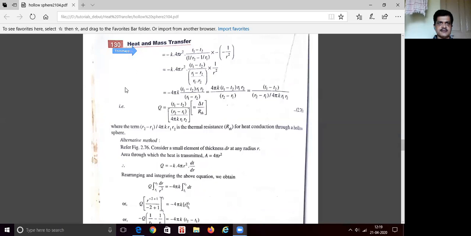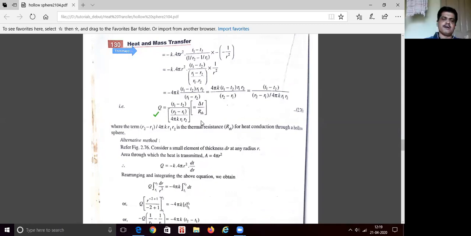And this is what I told you, and this is a very, very important equation. Q is equal to T1 minus T2, and whatever is there in the denominator, that is r2 minus r1 divided by 4 pi k r1 r2, is the thermal resistance.